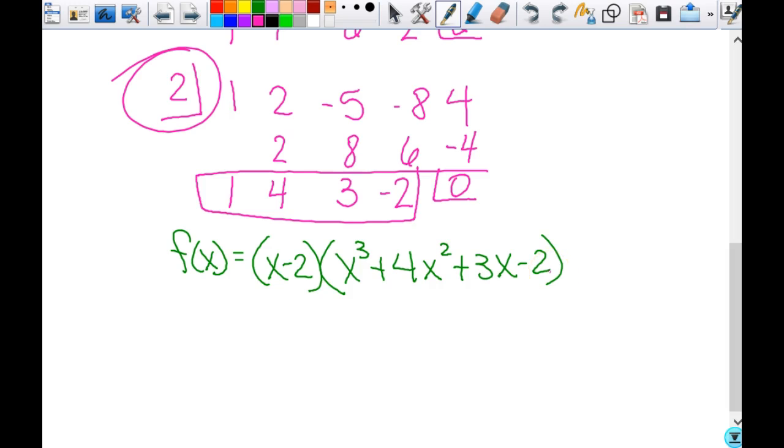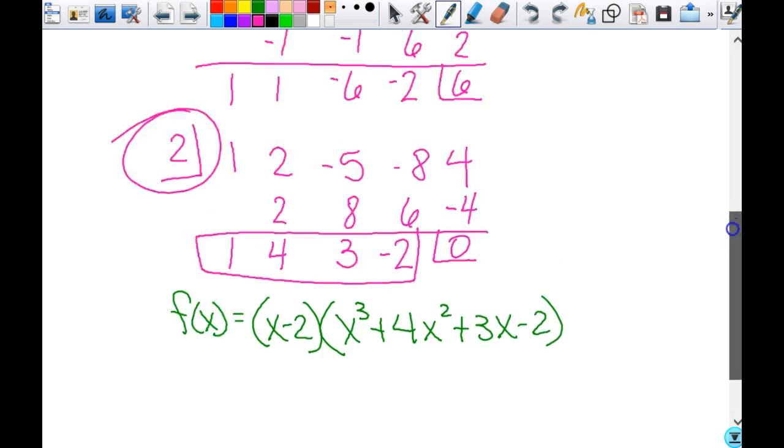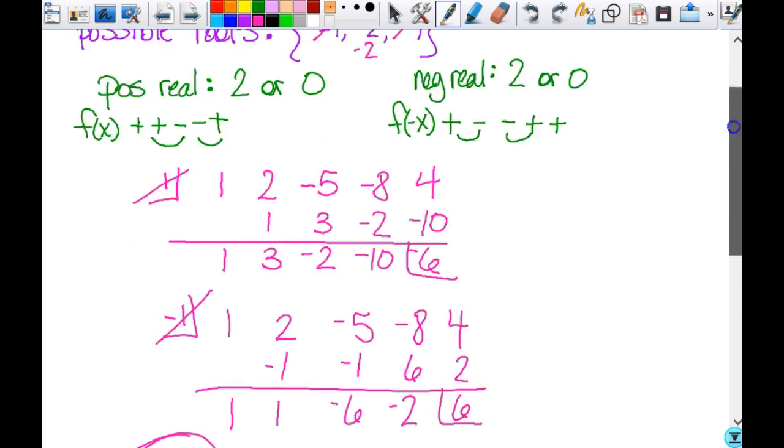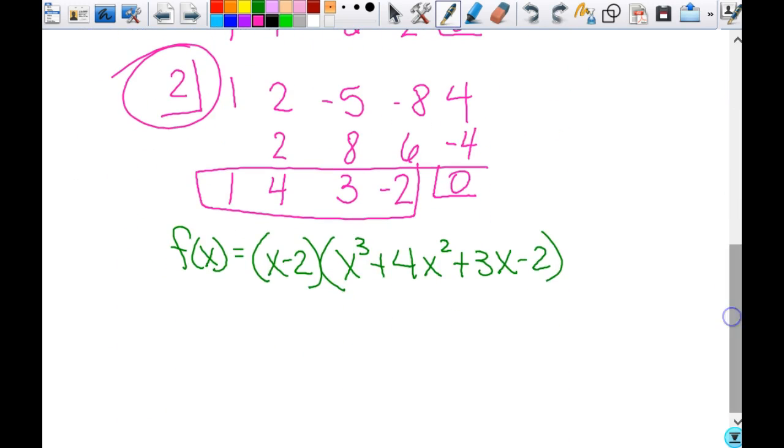Is plus or minus 4 even an option? No, so we've narrowed it down to, can't be that one anymore. Negative 2 is the only one that I haven't tried. Does it guarantee me that negative 2 works? No. Okay, that's just a possibility, so I still have to try it, but now I only have one more I can even try with synthetic division.